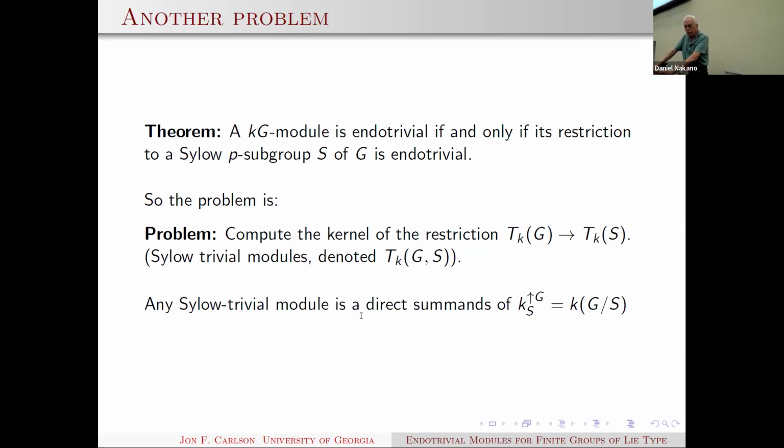And the story is any Sylow-trivial module, any endotrivial module whose restriction to the Sylow subgroup is a trivial module, has the property that it has to be a direct summand of the trivial module on the Sylow subgroup induced up to G. Or if you like, the permutation module of left cosets of S. So this is what you've got to have in a case like this.